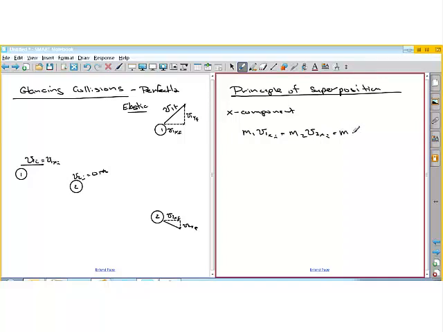That's your initial momentum in the x direction. And then you do it for the after, where the only thing that changes is that initial becomes final. So that's conservation of momentum in the x direction. And then you can do the same thing in the y direction.